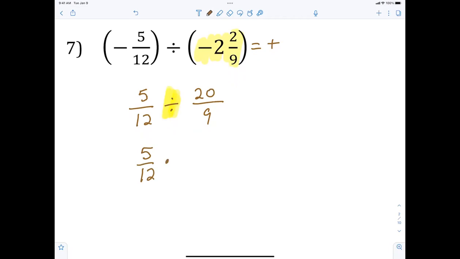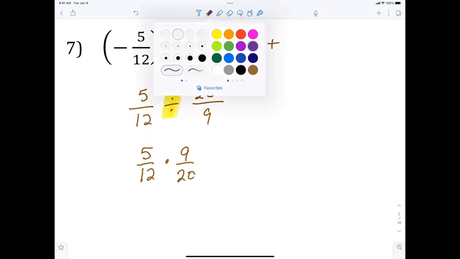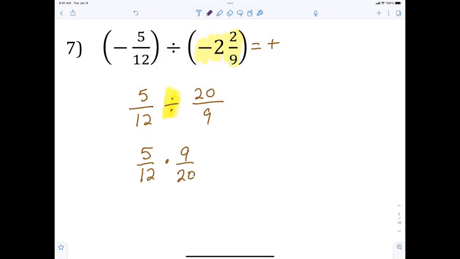Times 9/20. All right, now reduce for me. Goes into 5. Yep. And then, yes. Now what about the other ones? 9 and 12.